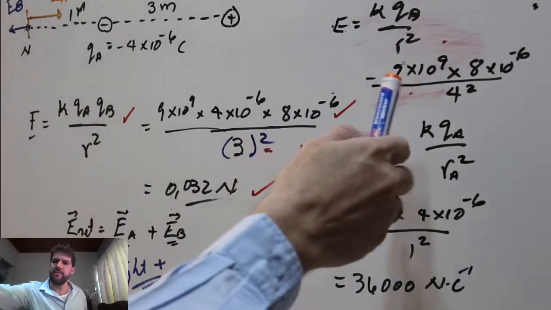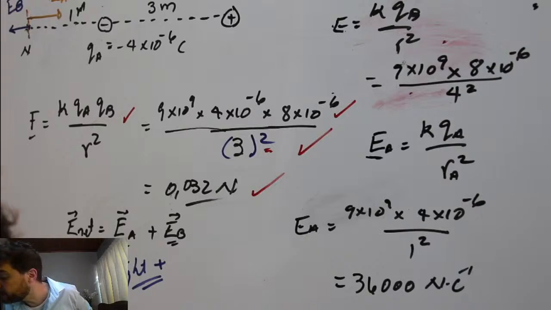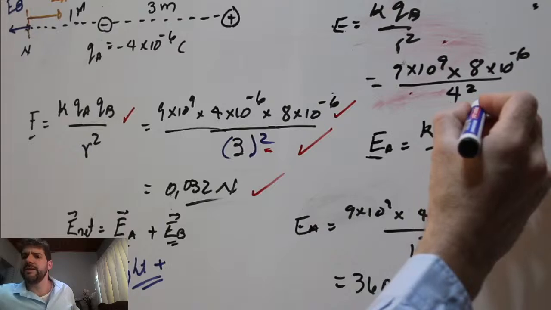So anyway, when we calculate this one, what we get is 9 times 10 to the 9 times 8 times 10 to the -6 divided by 4 squared. And I get 4,500 only. Okay, we can write it here.